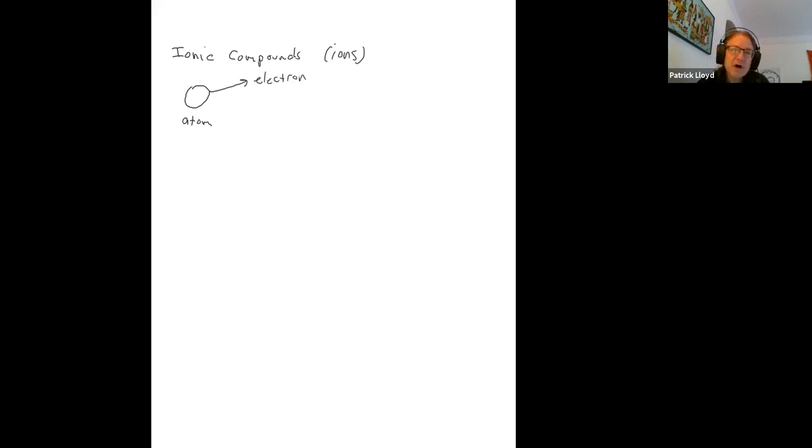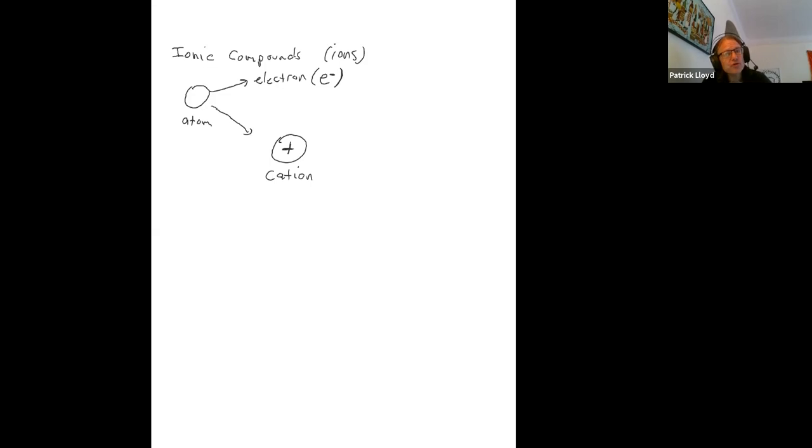Now, the electron, which we will represent as e with a negative superscript, e negative, is an electron. If you take an electron off of an atom, what you're left with is a positively charged atom. And this is called a cation. All right, so a cation is what you get when you take an atom and you remove an electron.